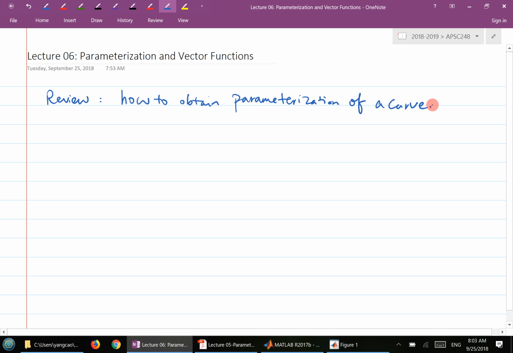The typical description of a curve is in a format such as x squared plus y squared equal to a squared. That's a typical representation of a curve equation, like this is a circle, of course. You can have y equal to x squared.